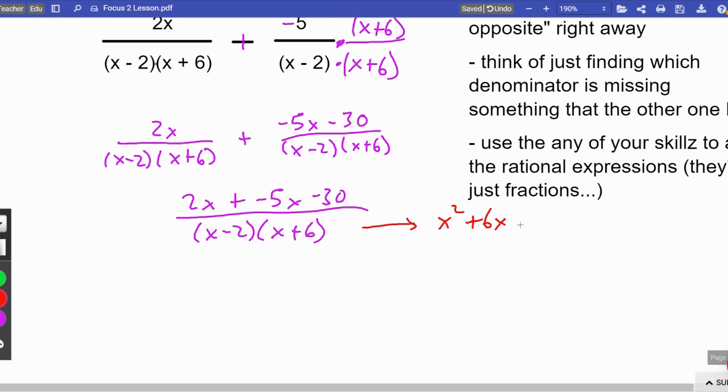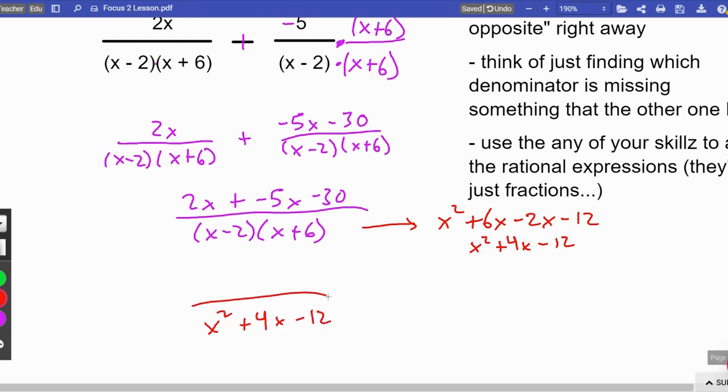The inside terms would be negative 2 and x, multiplied is negative 2x. And the last terms, negative 2 and 6, is a negative 12. And we can combine the like terms in the middle. Those are going to be added up to be 4x. So really the denominator should look like this. Okay, that's just the denominator. So we have that good to go. x squared plus 4x minus 12.